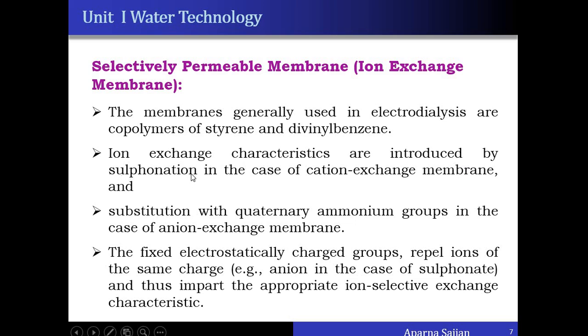If sulfonic acid functional group is attached, then the membrane will become cation selective membrane or cation exchange membrane. If quaternary ammonium functional group is attached to the polymer, then it becomes anion selective membrane or anion exchange membrane. The cation exchange membrane repels the anions, and anion exchange membrane repels the cations.